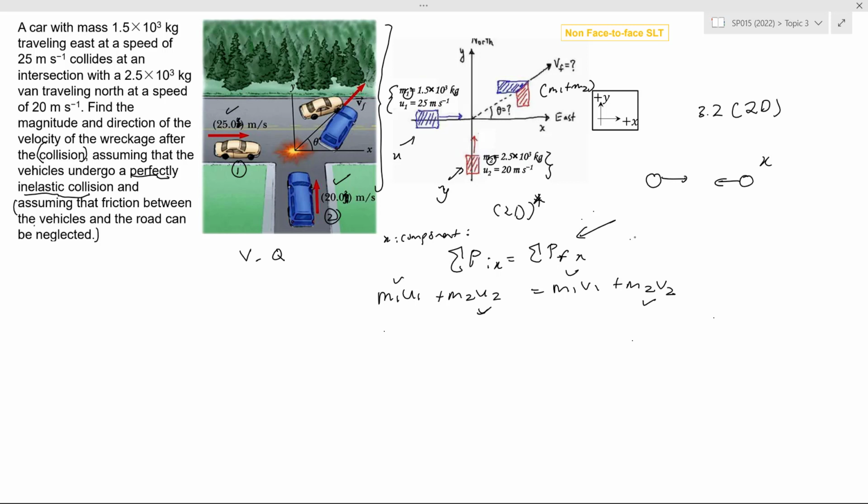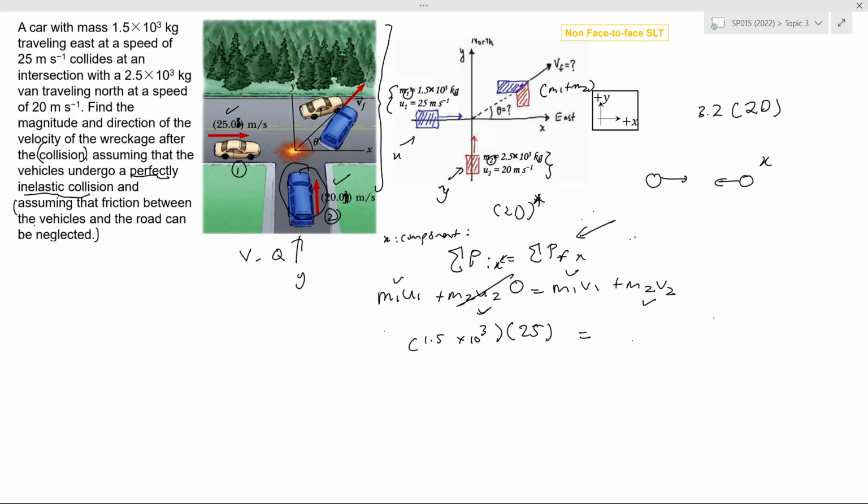But I know my objek kedua is moving in the Y direction, so this is 0, sebab saya nak hanya tengok dalam X. Dia punya mass 1.5 darab 10 kuasa 3 moving at a velocity of 25 meter east. Sama dengan, ingat the second object kosong sebab dia bergerak dalam Y, bukan dalam X.